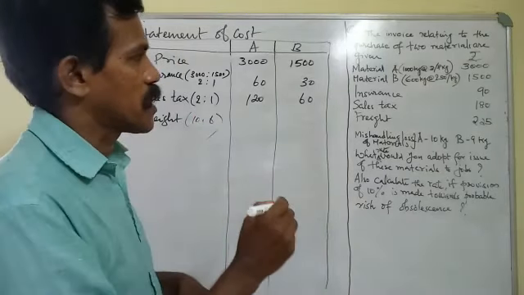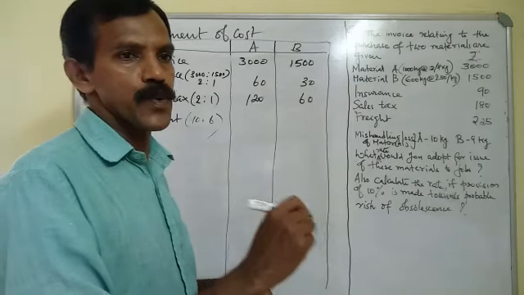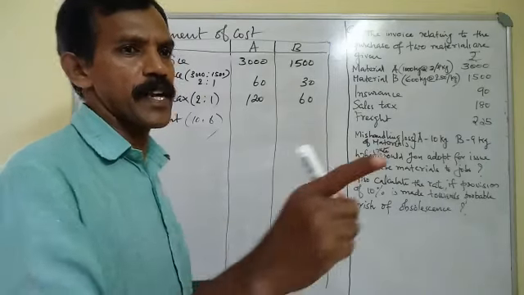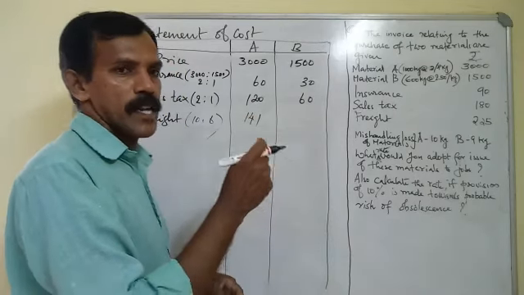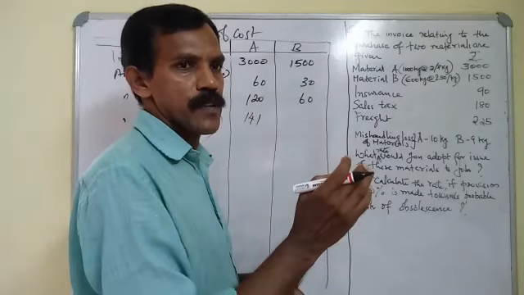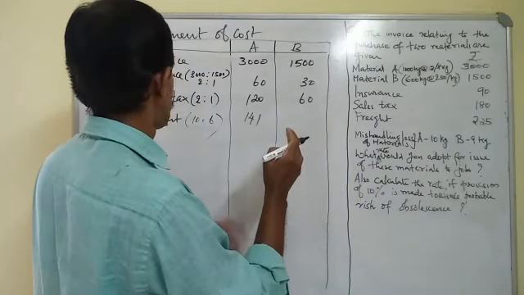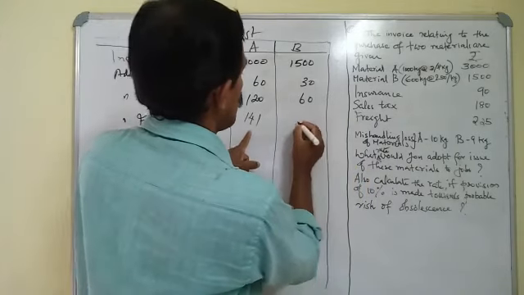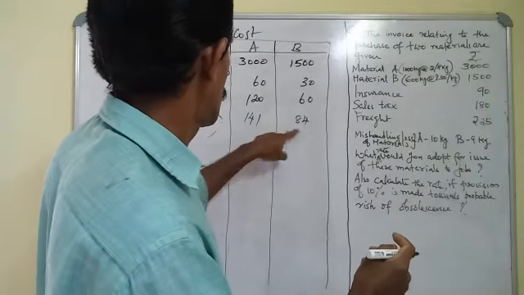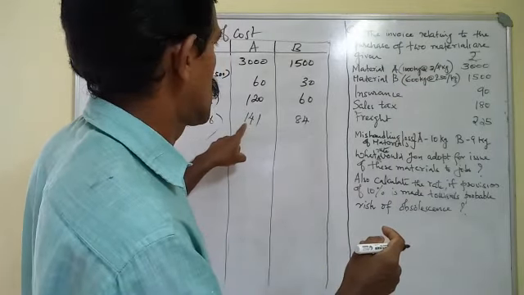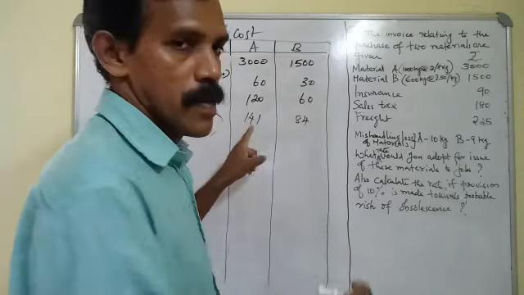Then its amount comes to 141, and the balance comes to 84. The total is right.